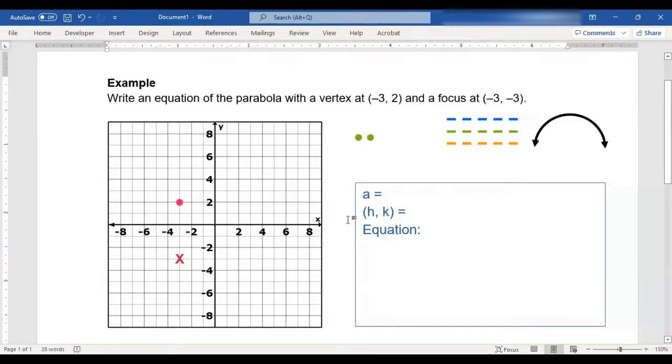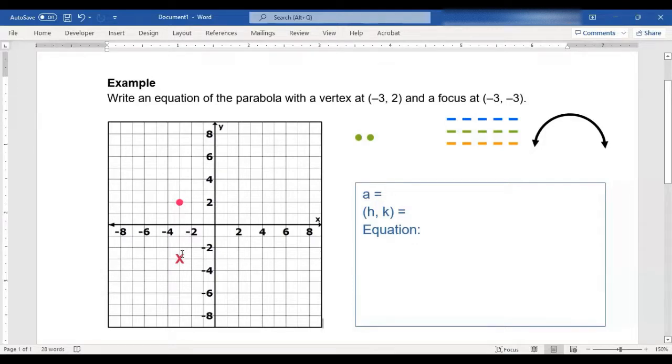Now, once I've done that, I actually have all the information I need for the equation. But like I said, we're going to go through the whole graph just so we have that practice. The reason we have the information we need is because this value of A is the distance from the vertex to the focus.